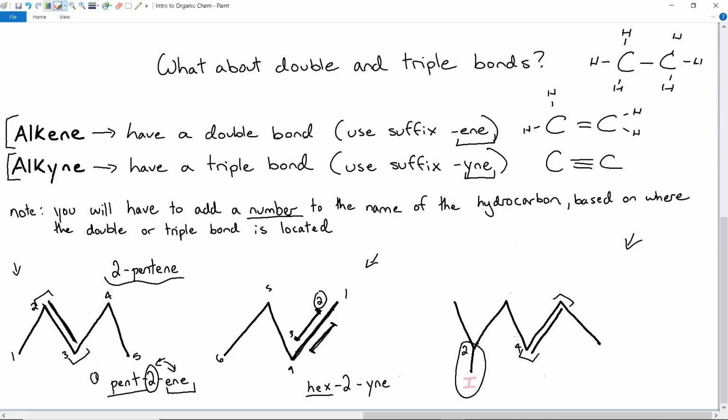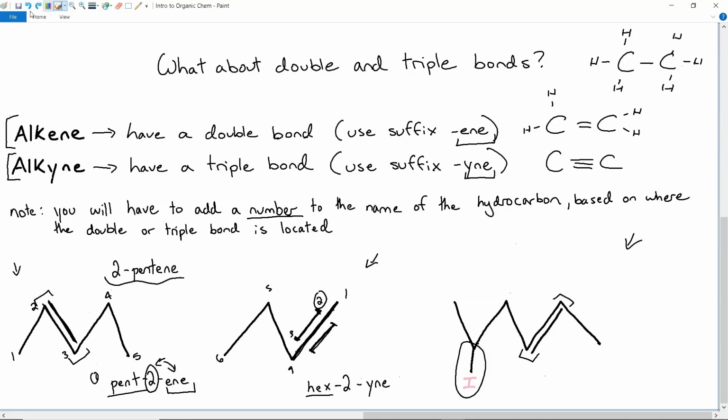So you might be thinking, okay, if we're trying to minimize the numbering in our names, that would be ideal. Because if I tried to count from right to left, sure, I would have my double bond on carbon 2, but I would have my iodine on carbon 5.